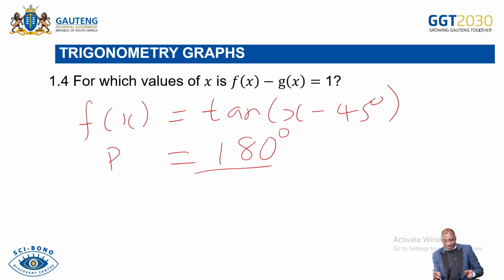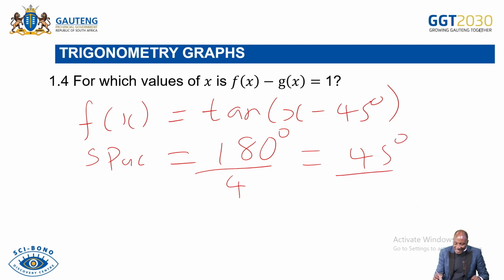A minus 45 means the graph shifted forward. But its period is 180. Right, you take this period, you divide by 4 to get your spacing. This gives us 45 degrees, meaning if we're drawing this graph alone, we could have spaced it out using 45.